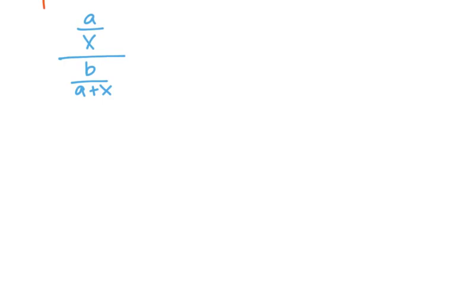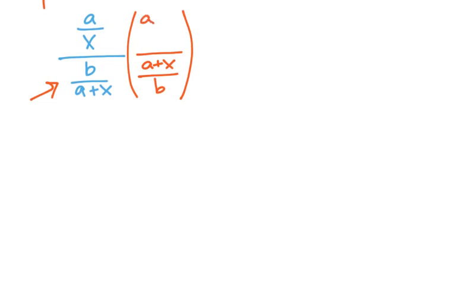But you're going to use the same strategy where we're going to multiply it top and bottom by the reciprocal of the denominator. So if we're going to flip that fraction, we're just going to put the a plus x on top and b on the bottom.